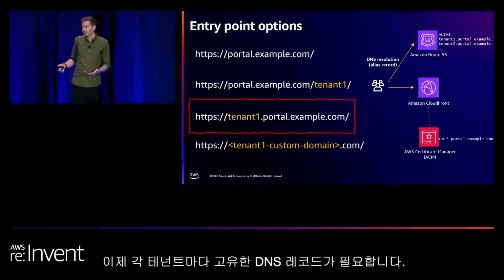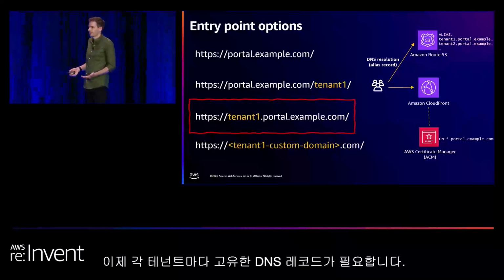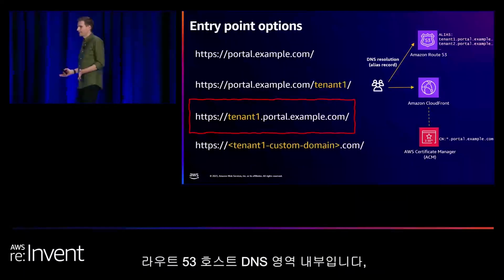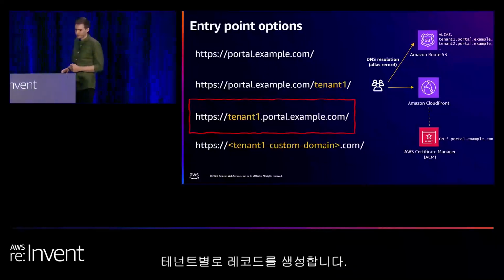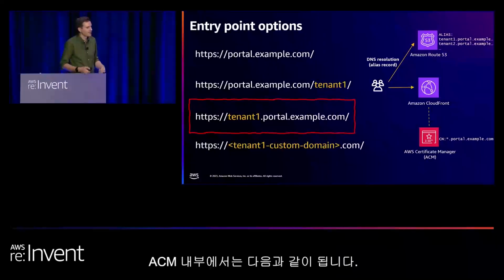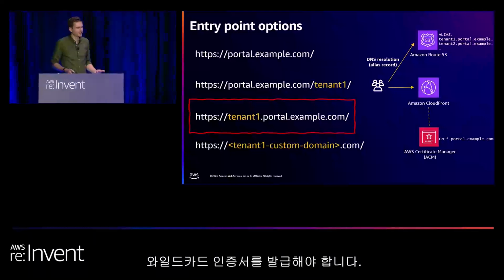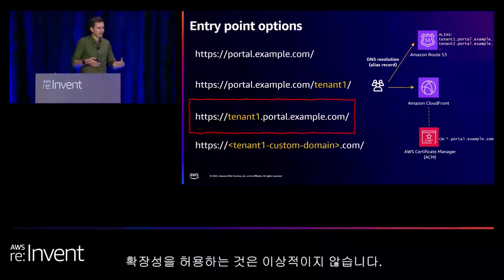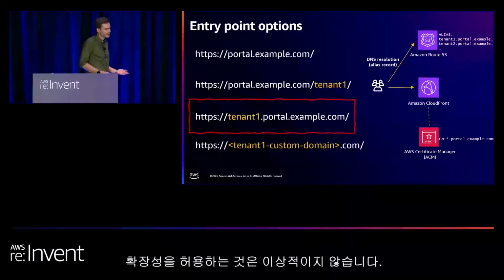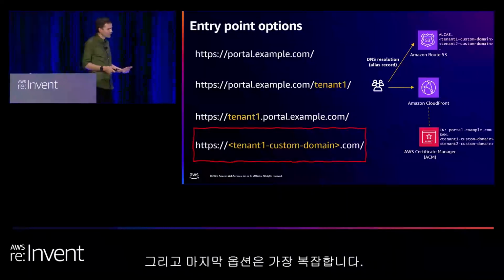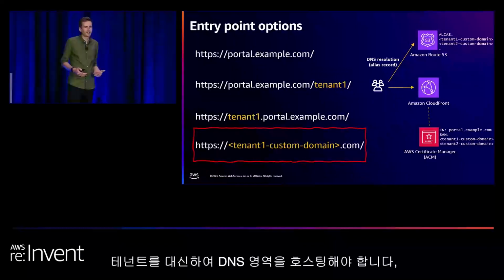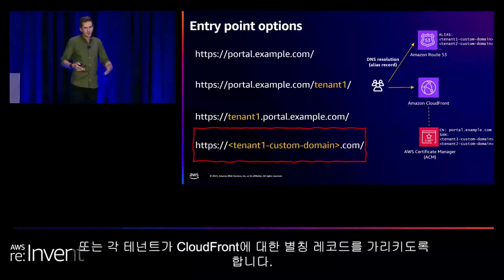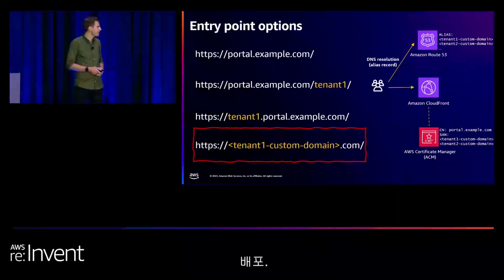Now each tenant needs their own DNS record. And so inside our Route 53 hosted DNS zone, we will create a record per tenant. Inside of ACM, we're probably going to have to issue a wildcard certificate to allow scalability, something that's not ideal. And the last option is the most complex to implement, because now we've either got to host the DNS zone on behalf of the tenant, or we get each tenant to point an alias record to our CloudFront distribution.